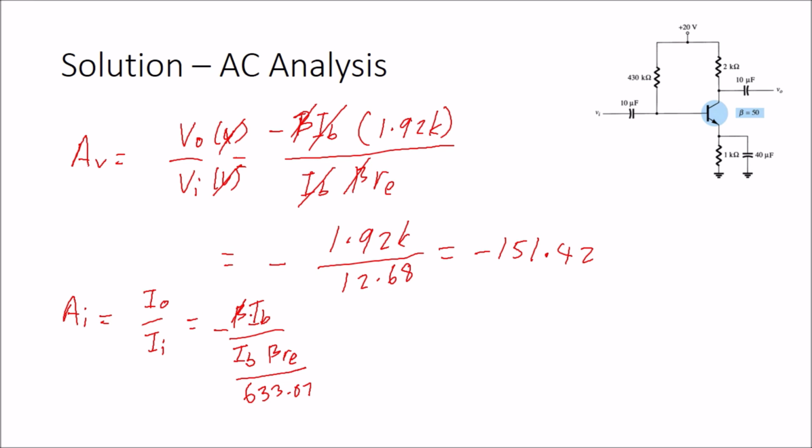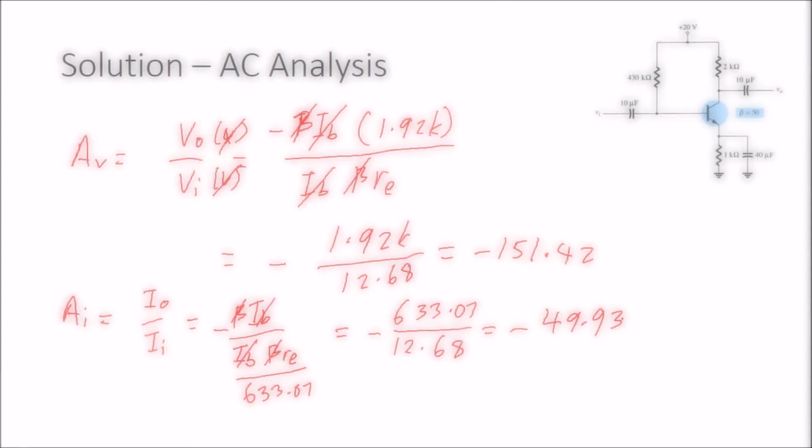So just cancel out this one. We're going to have the value of minus 633.07 over RE, where RE is represented by 12.68. So this is going to be equal to minus 49.93, without unit. That's all. Thank you for listening.